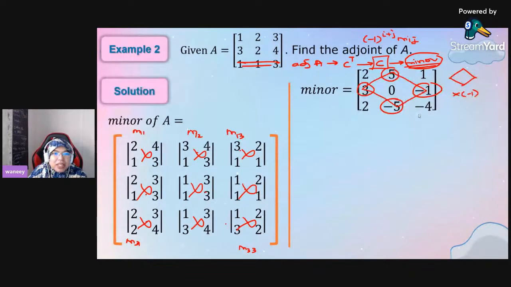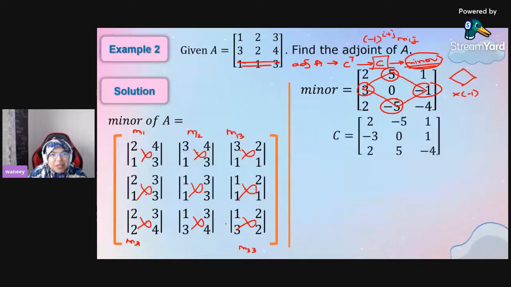So you simply write down everything else without the diamond first, and then at the diamond positions, make sure to times them with -1. So they will become 2, -5, 1, -3, 0, 1, 2, 5, -4. Do you see the diamond position over here?